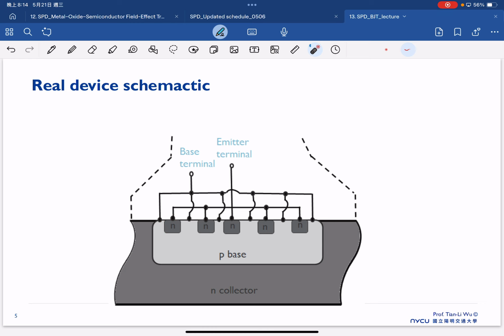So each one is an NPN, each one is one BJT, right? This one is an NPN, and this one is an NPN. So that's a real device schematic, and then we connect all the emitters together and all the bases together to one terminal. That's the real fabricated device schematic for the BJT.